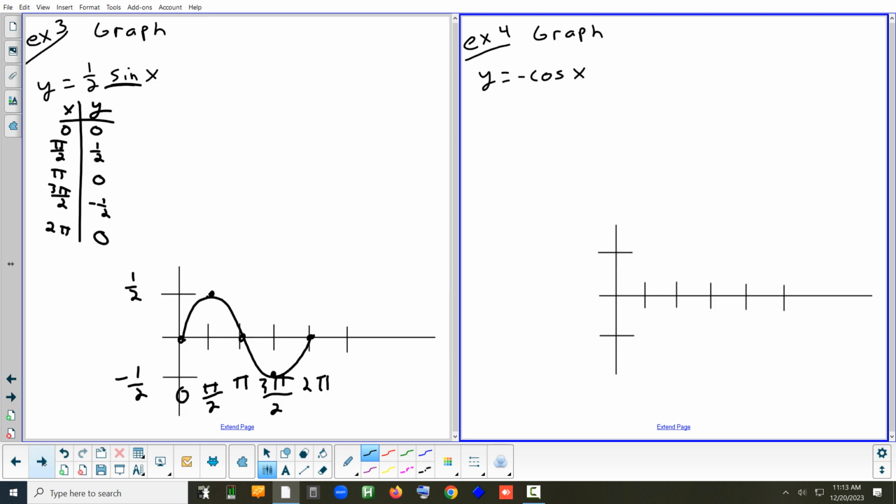Hey, this one I'm not going to sketch it. I just want to do the table. Is there a change in the amplitude happening in this problem? The amplitude is still 1. There is no change in the amplitude. So then what's happening? Something's happening, yeah? Right, it's a vertical reflection. It's reflecting over the x-axis.